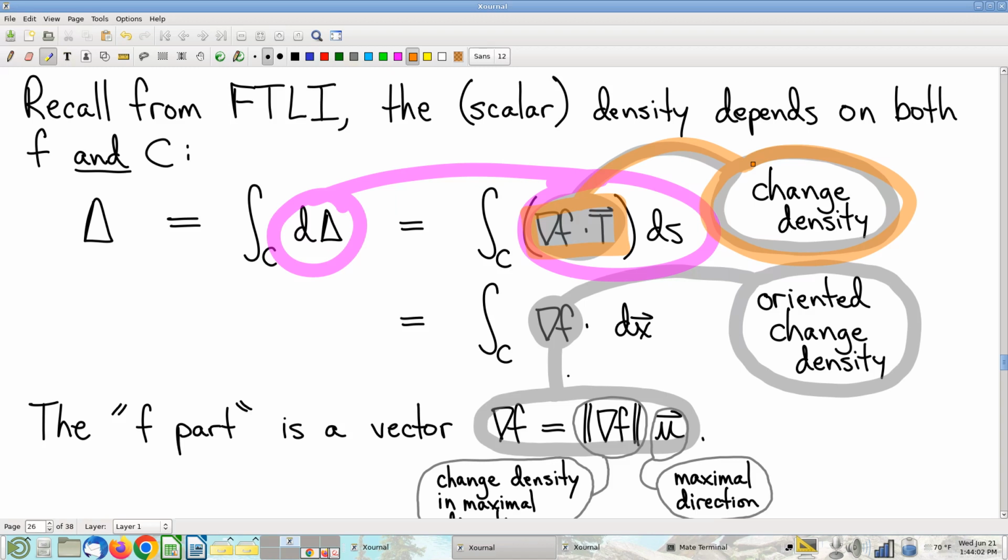Our change density is gradient dot t. And so there's that same dependence on orientation of the domain. That same sort of eyebrow raising, suspicious, hey, wait a minute, what's going on here, feature.